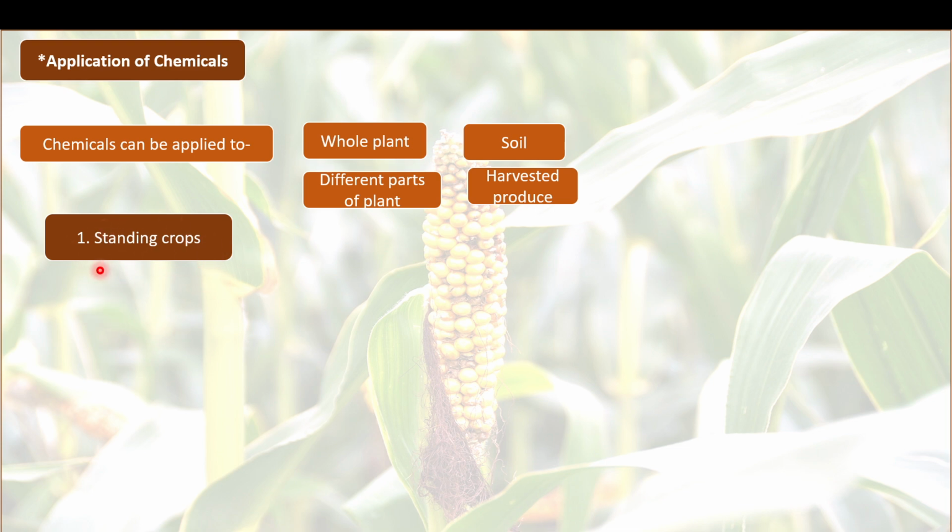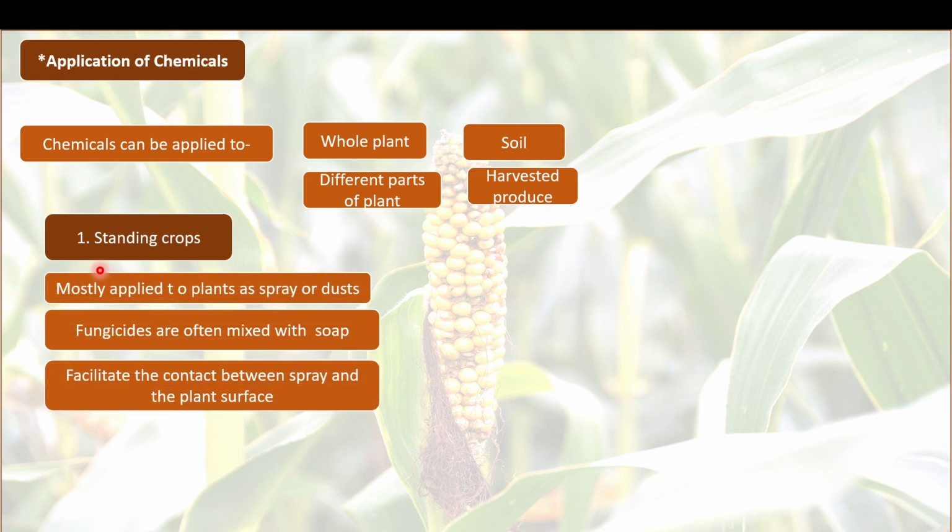Because the standing crop is the whole plant that you have planted in your field. So standing crops might also require chemicals. These are mostly applied to plants as spray or dust.